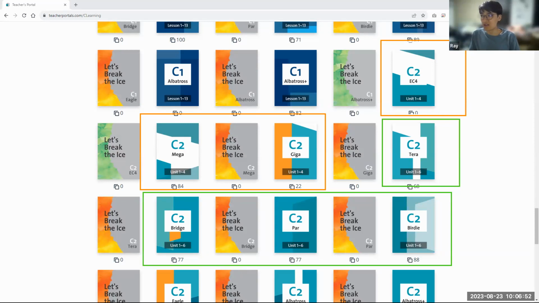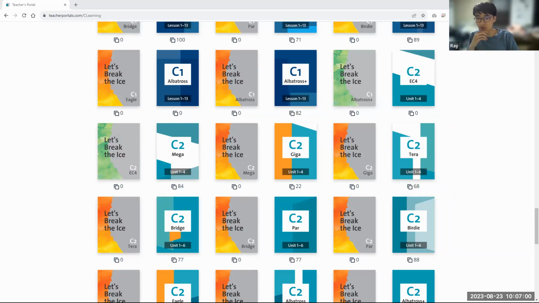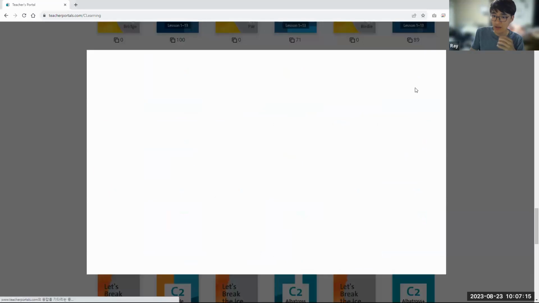Other than the distinction between low and mid, there really isn't too much of a difference. For today, we will go through this using the mid levels, but let me point out very quick the differences between C2 low and C2 mid. If we take a look at C2 low, we'll use mega.